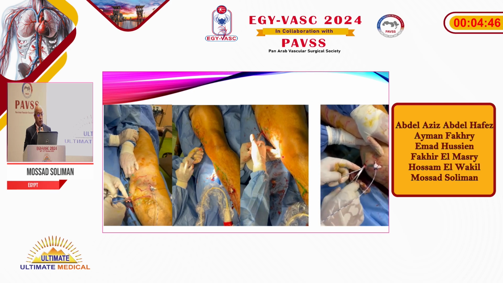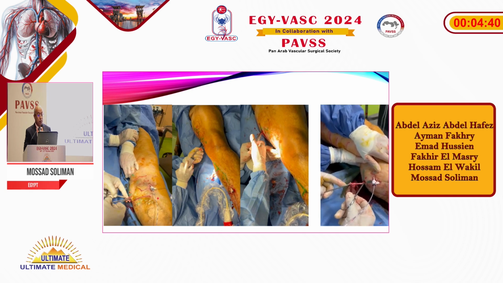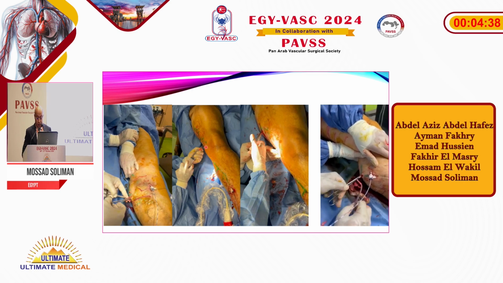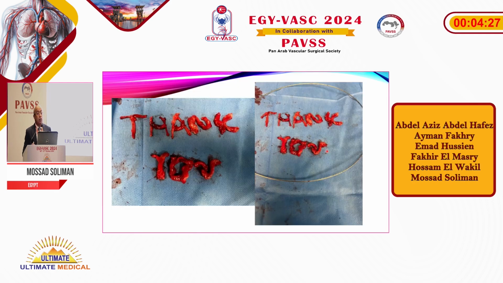Following this, we start doing phlebectomy at different levels from the different parts of the limb, ending with total ablation of the saphenous system together with rapid healing of the ulcer. So you can say this is the whole story of doing radiofrequency ablation together with phlebectomy with the least pathway. Thank you.